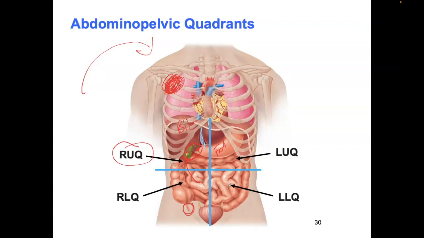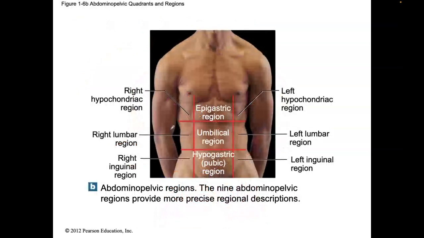So some doctors and facilities use the regions, the abdominal pelvic regions. So I'm going to teach them to you. And it does show up on some of the quizzes, the Connect quizzes in the past. And again, it's a drag and drop. So umbilical is the easiest because that's where the belly button is, the umbilical region.